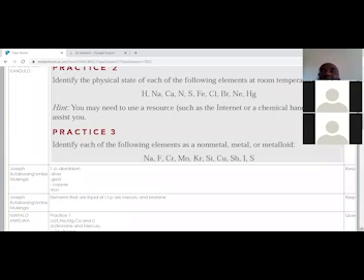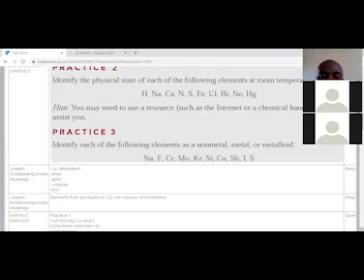Yes, sir. Okay. So, guys, electronegativity is the tendency of an element to accept electrons, or the ease with which elements accept electrons.